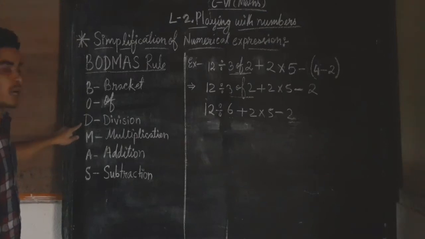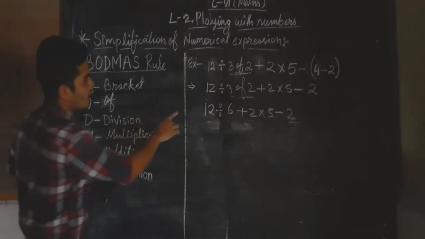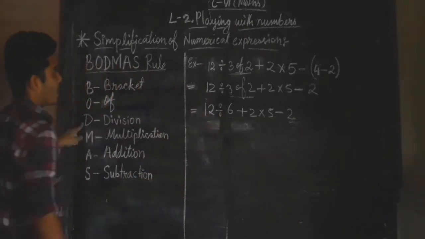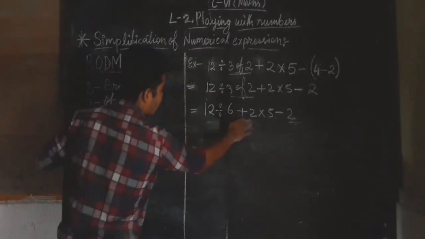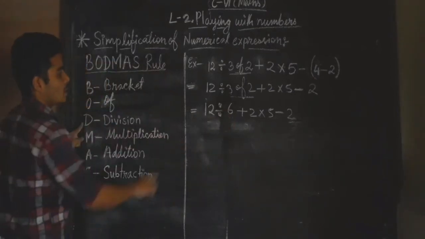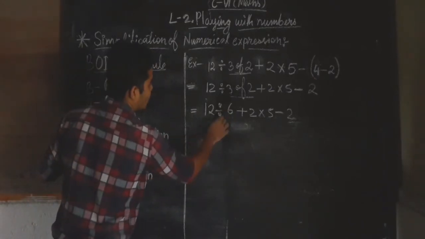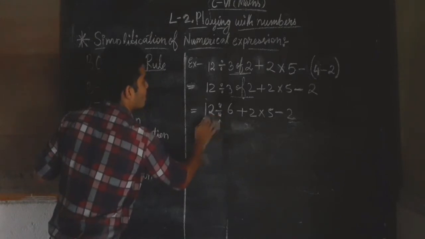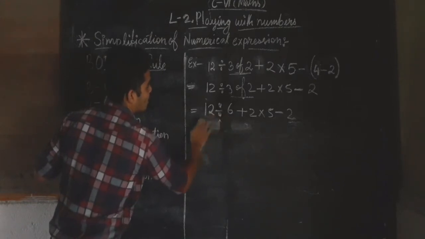Okay, now we have removed the bracket, and then we have calculated of, and now we have to go for division. You will look at the numerical expression now, and then find where the division is. You can see here it is division. So the division symbol, you can see, is lying between these two numbers. Then we will do division of these two numbers only.